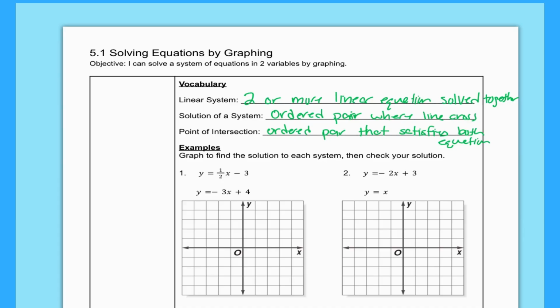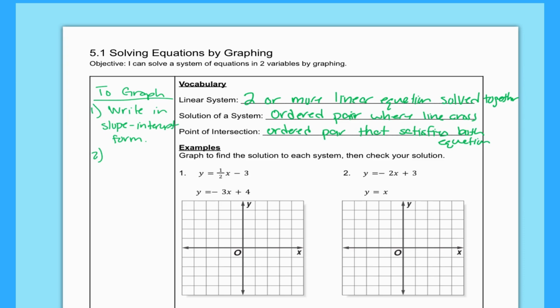All right, so I'm going to write down some steps off to the side that might be helpful if you want to write these down for yourself as well. So first, to graph, the first thing we're going to want to do is write any equations in slope-intercept form. Some are already there, but some won't be.